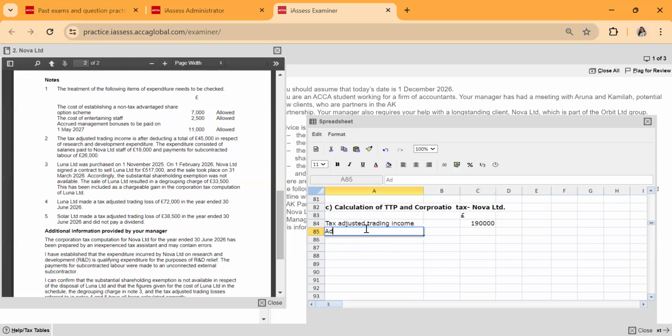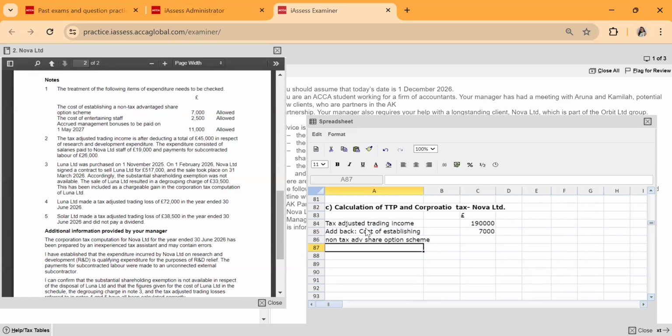So I will write here add back, and we will add back the cost of establishing the non-tax advantage share option scheme. So it will be 7,000. Now next is the cost of entertaining staff. It is allowed, so I don't need to write it because I'm not adding back.